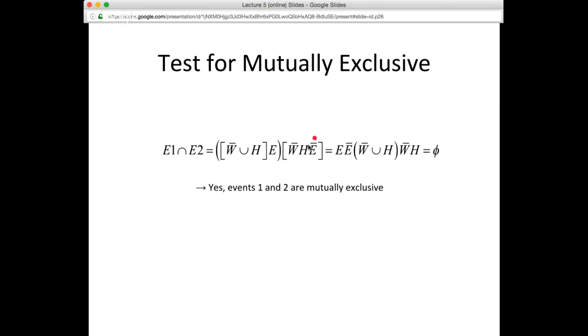I want to bring E and E complement together, because I know that the intersection of E and E complement is the null, and the intersection of the null with anything else is the null. So in fact, yes, this intersection of E1 and E2 equals the null set, which implies that events 1 and 2 are mutually exclusive.